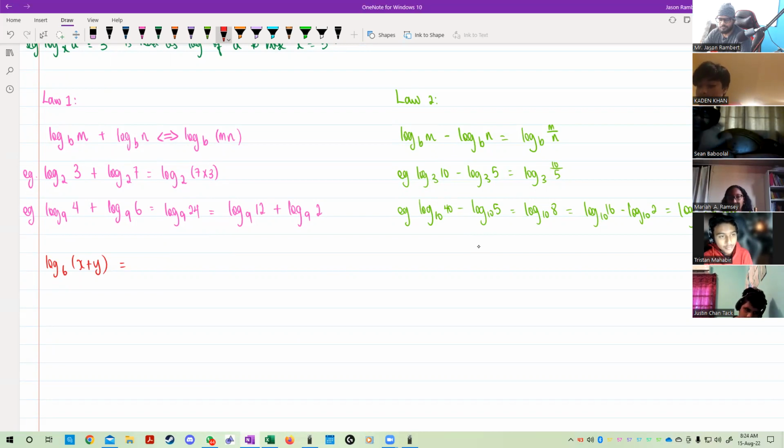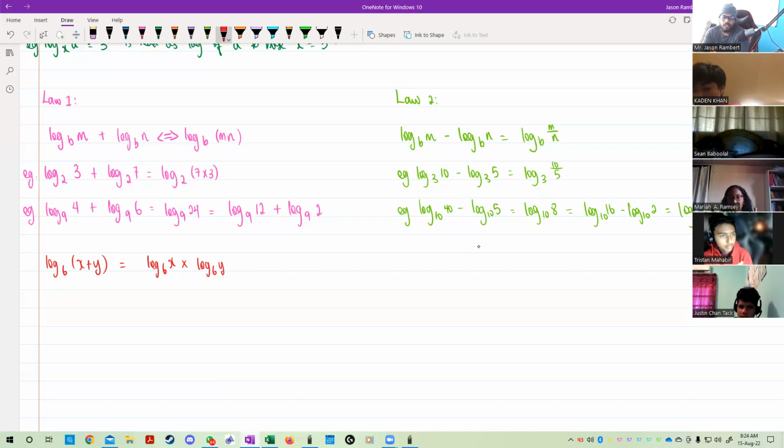So I think it's log of x to base 6 multiplied by log of y to base 6. Yeah, it looks correct, and this is the common mistake that I see plenty of times. I don't want you to make the mistake. It looks like the correct thing to do based on the laws of logs.